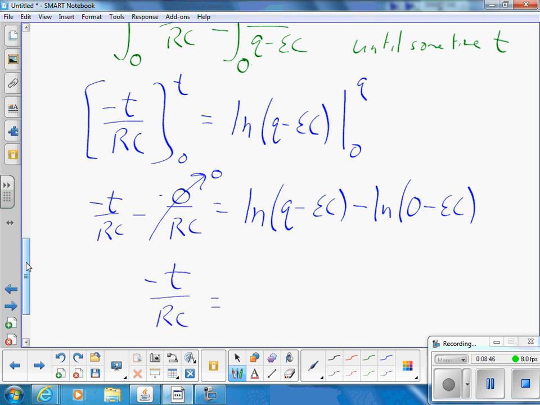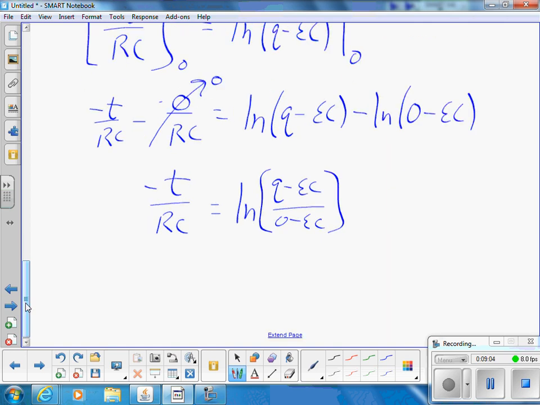And on the right-hand side, I'm going to take advantage of the fact that natural log of A minus natural log of B is natural log of A over B. So this turns into Q minus EC over 0 minus EC.